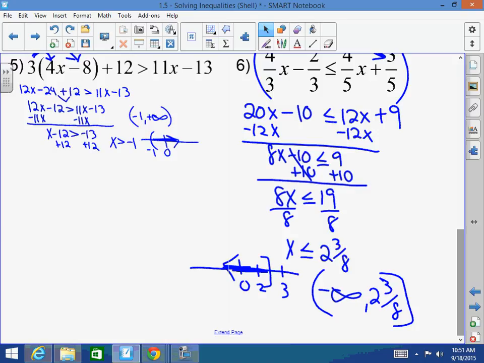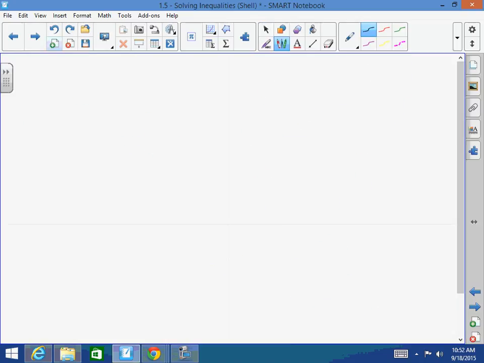All right, look, I still got a little bit of time. So let's do another one. Let's do one of these guys. 0.8x plus 2.4 is less than or equal to 0.03x plus 0.8.